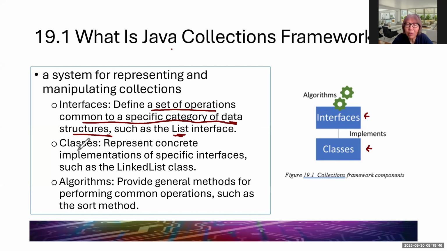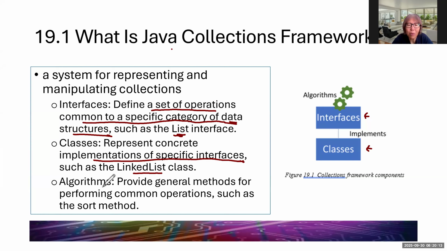The second component is classes. As this diagram shows, classes implement interfaces, and they represent implementations of the specific interfaces. For example, the LinkedList class, and we already used a linked list in our previous chapters.